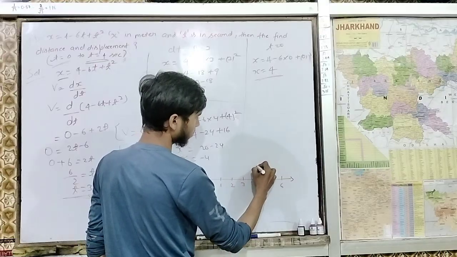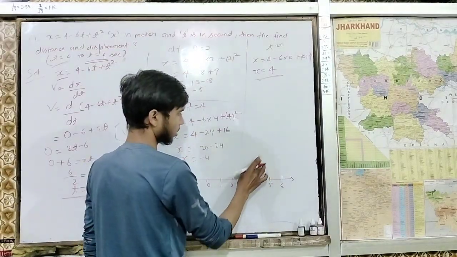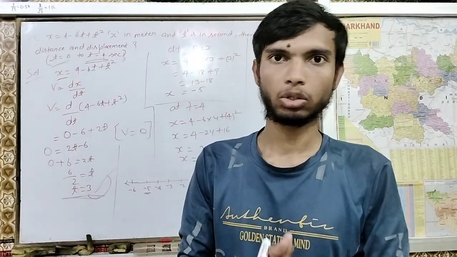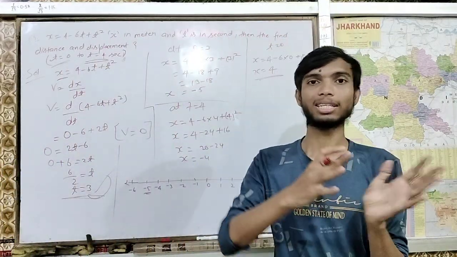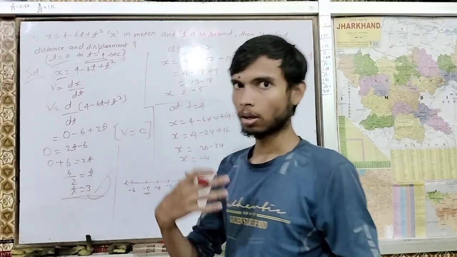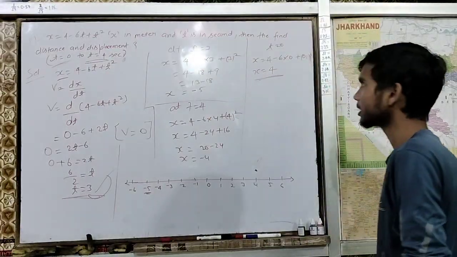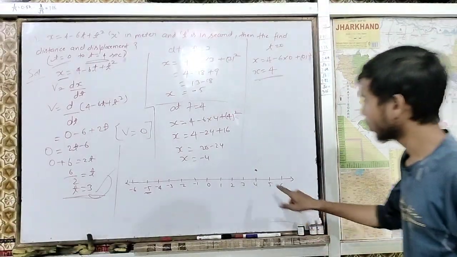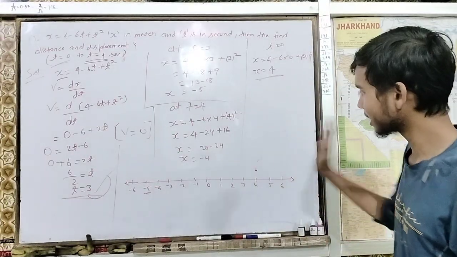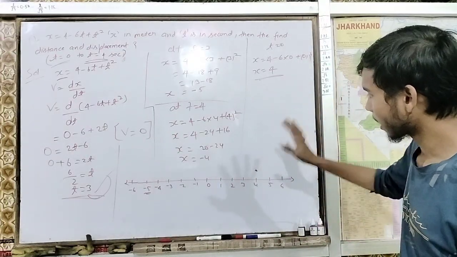This point. And this point is known as initial, because the time is 0. So this 0 is nothing but just initial. And this end second is final. So over here our object is at rest.